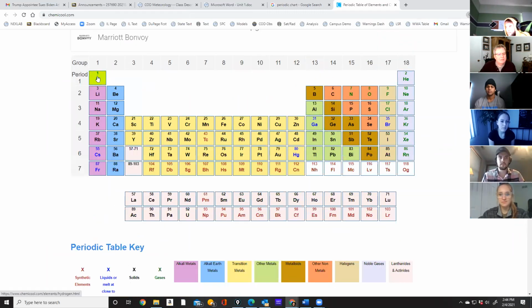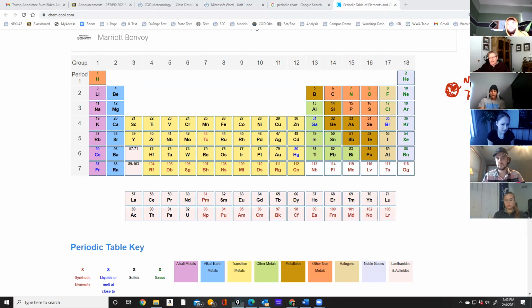When I have a molecule, I guess we should start with this. What are the three parts of an atom? Protons, neutrons, and electrons. We have the nucleus, which is made out of what? What two things are in the nucleus? Protons and neutrons.